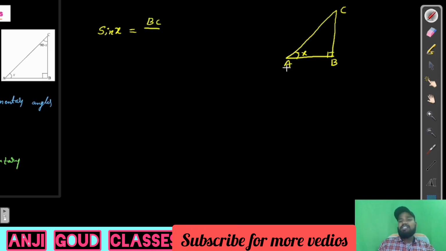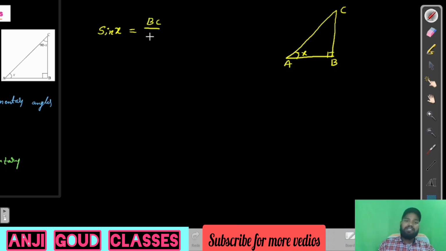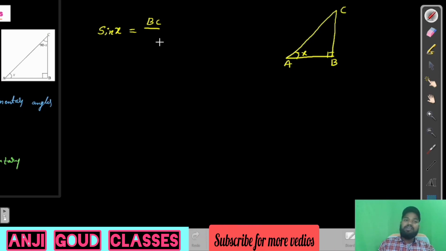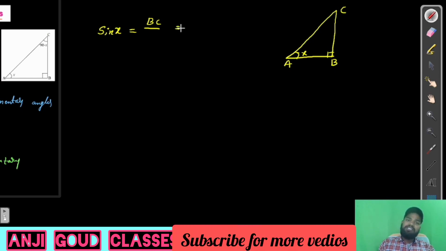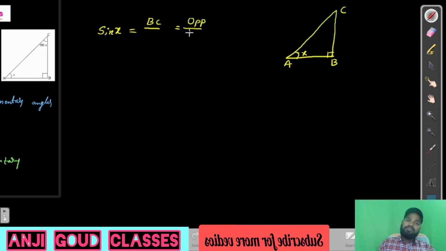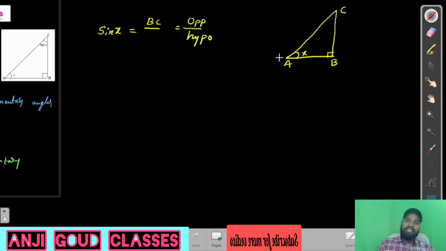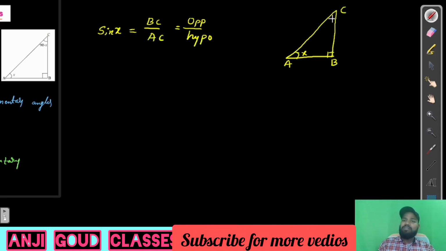Remember it: our sin theta formula is opposite by hypotenuse. So BC is the opposite, and hypotenuse is AC.